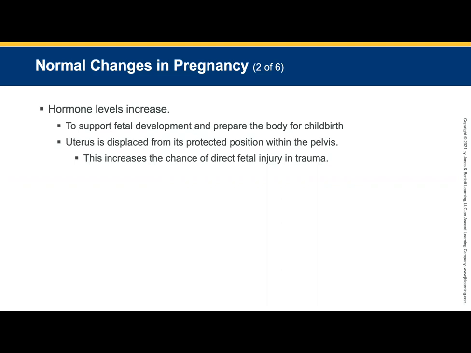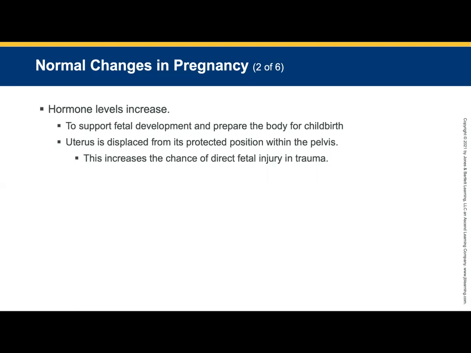This puts the pregnant woman at increased risk for complications: trauma, bleeding, and some medical conditions. The uterus is displaced from its normal, well-protected position within the pelvic area, and this increases the chance of direct fetal injury and trauma. Let me read that again.